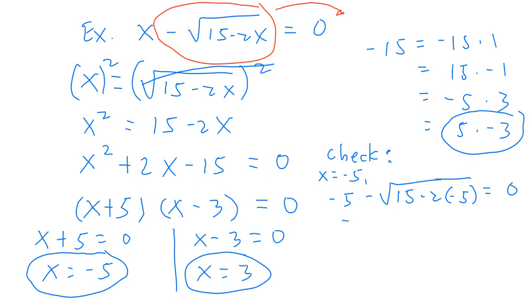So calculating, right here negative 2 times negative 5 becomes a positive 10. Add that to 15 is 25, square root of 25 would be a 5.